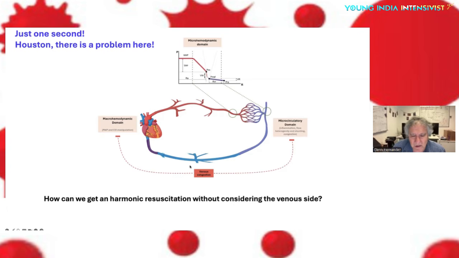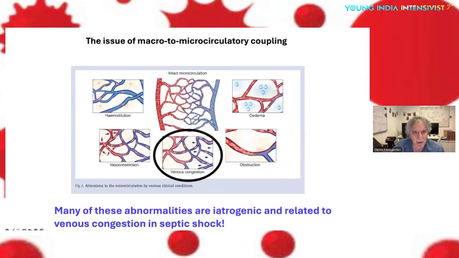And this is the role of the venous side, which was not taken into account until some time ago. And this can be very jeopardized by venous congestion. Venous congestion can indeed impair perfusion in the microcirculation. Even if you have normal forward flow in the arterial side, the venous side is also very important. Sometimes you treat venous congestion and you get reperfusion of the microcirculation. This is a big problem here.